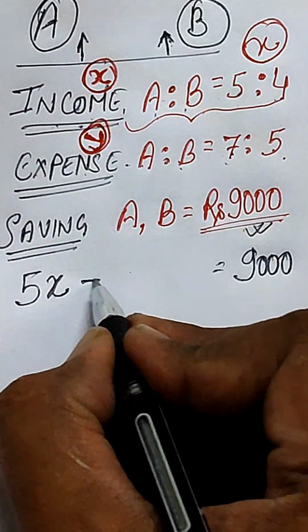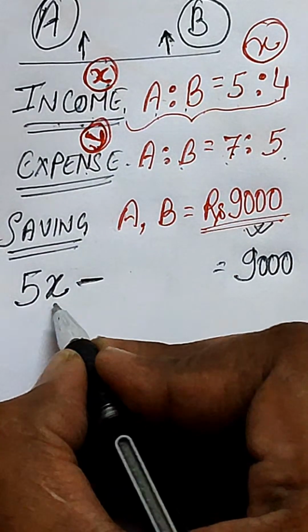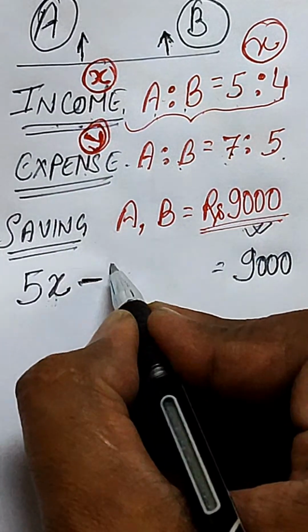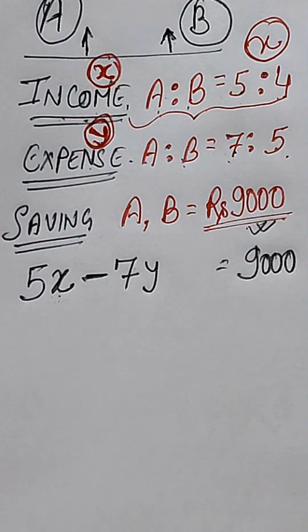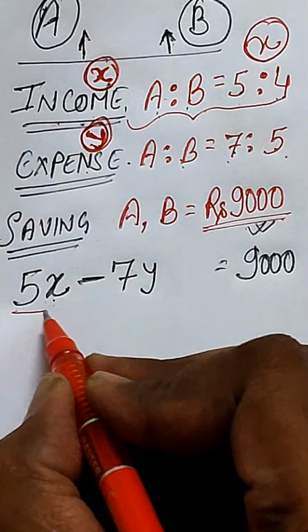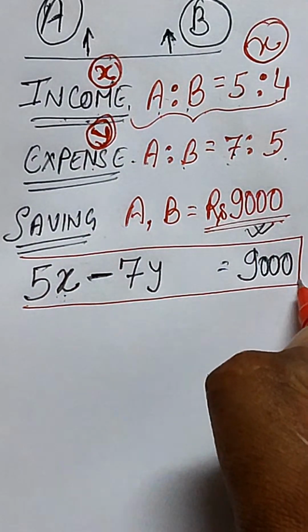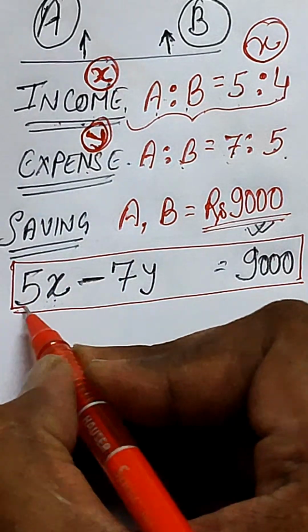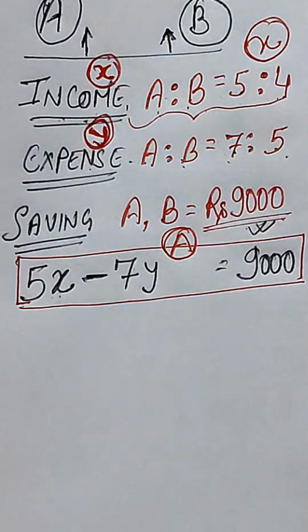So the expenses will be subtracted from the income. So 5x minus 7y is equal to 9,000. So this is one of the equations which we have derived, and this equation is valid for A.